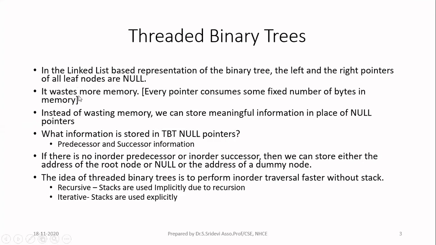Due to this, a larger amount of memory is wasted. How much memory is wasted? It depends upon how many memory locations are allocated for every pointer. Actually, it depends upon the compiler. If you assume that for every pointer variable, 8 memory locations are allocated, then according to the previous example, 8 multiplied by 8, that is 64 memory locations are wasted.